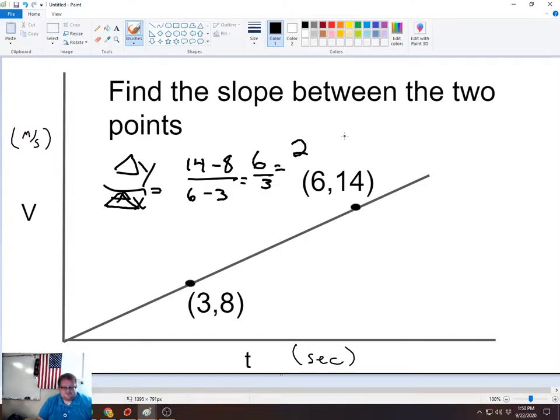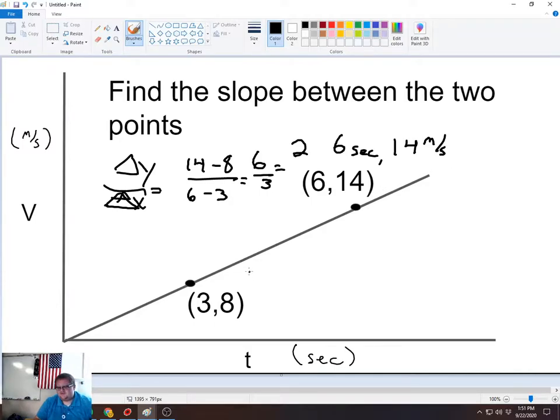But that's not very useful. You can probably already guess what we're going to do. We're going to put in the units and let's see what happens. So once again, instead of this being 6 comma 14, it's really 6 seconds comma 14 meters per second, that's x comma y.